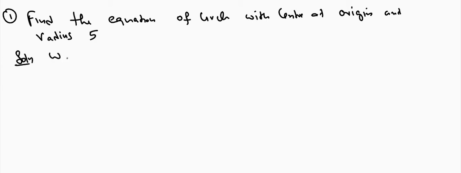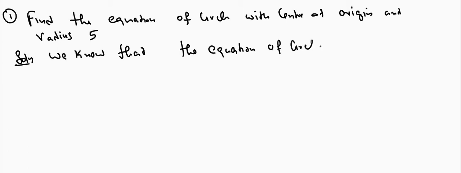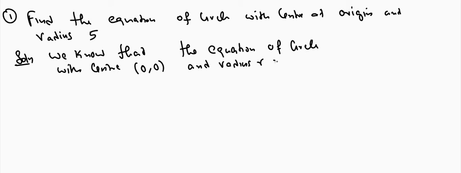Solution: we know that the equation of a circle with center (0, 0) and radius r is x square plus y square equal to r square.